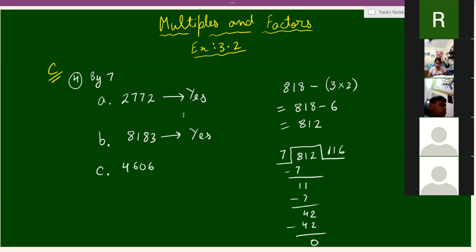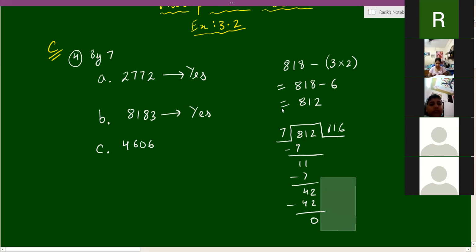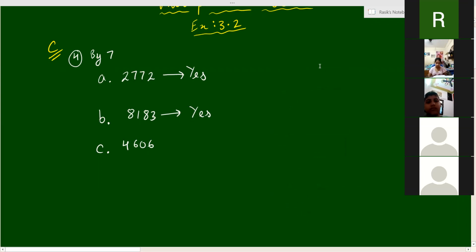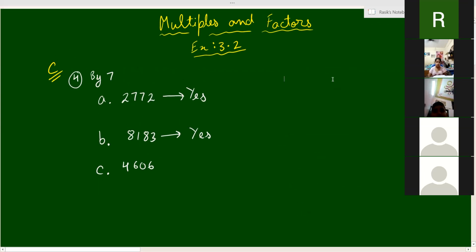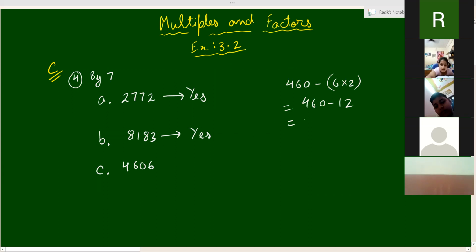Okay, so the last one, what is the answer? Yes or no? 460 minus 6 into 2. So 460 minus 12. That means 448. Is 448 divisible by 7?